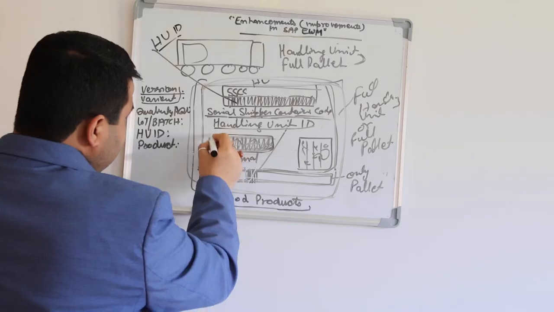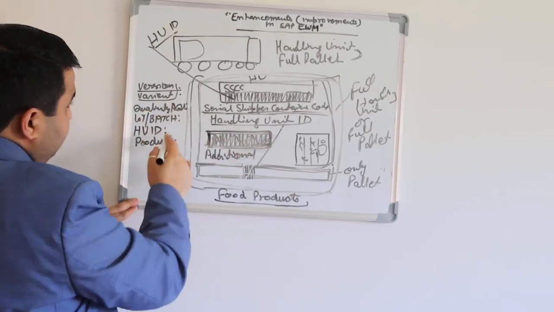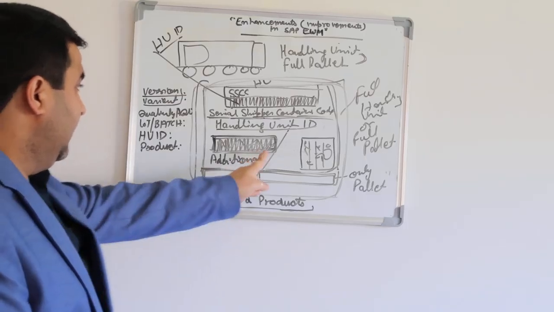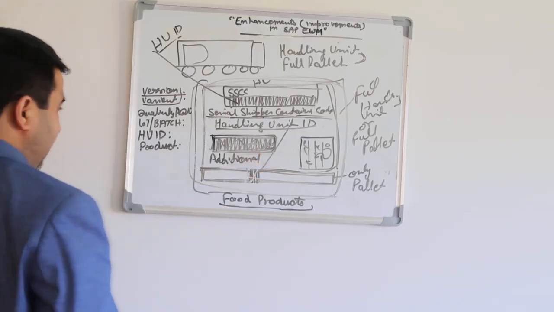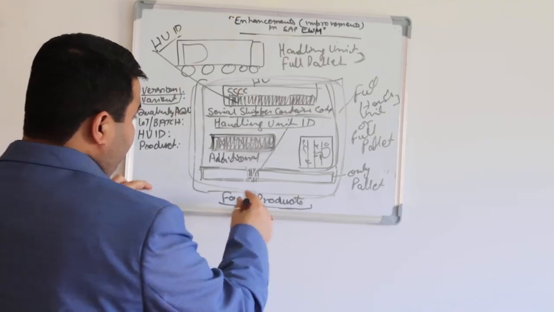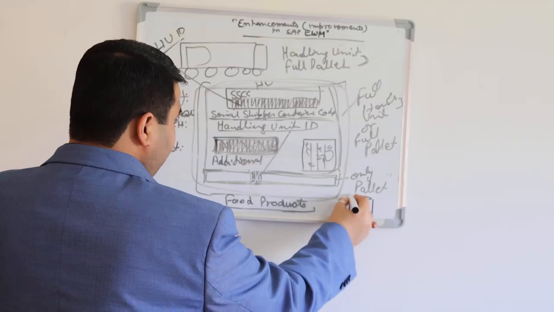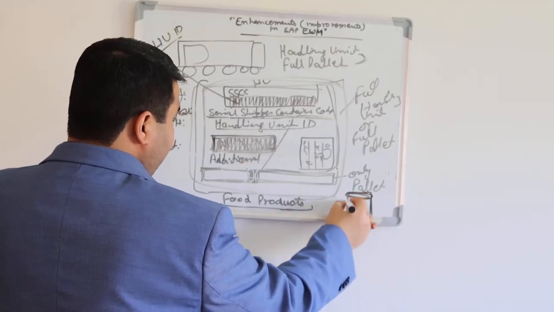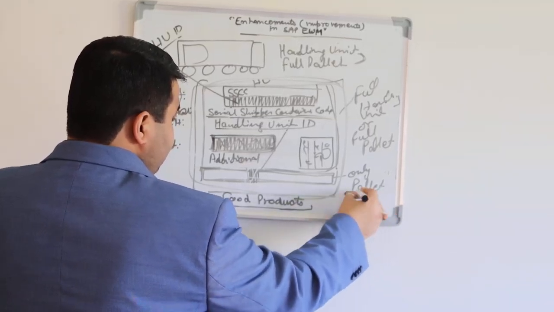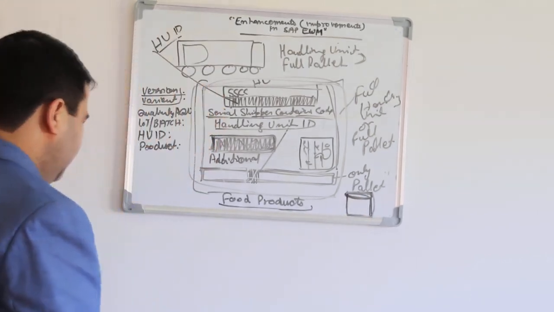For example, in this barcode we have the additional information of the product we have inside the handling unit. Suppose we deal with some kind of food product, a packed canned product, packed in a steel can.